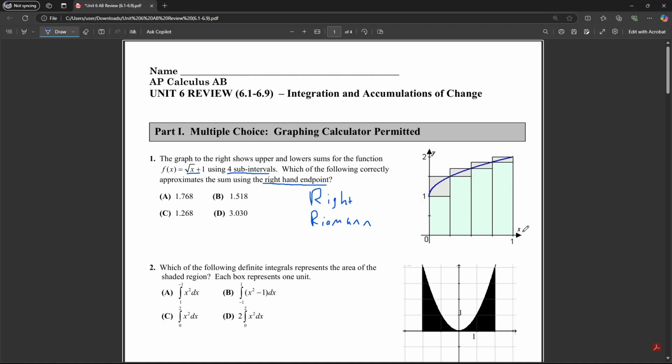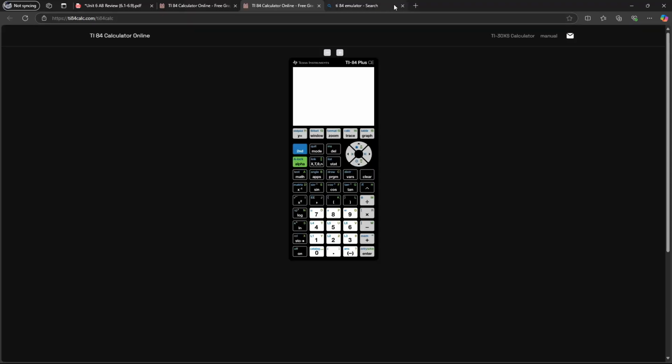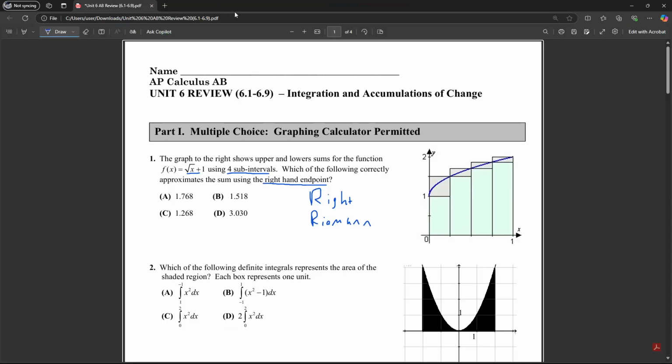Alright, so in order to do this, you're going to have to go to y equals and set up your equation. Never mind, I'm just gonna have to explain it.